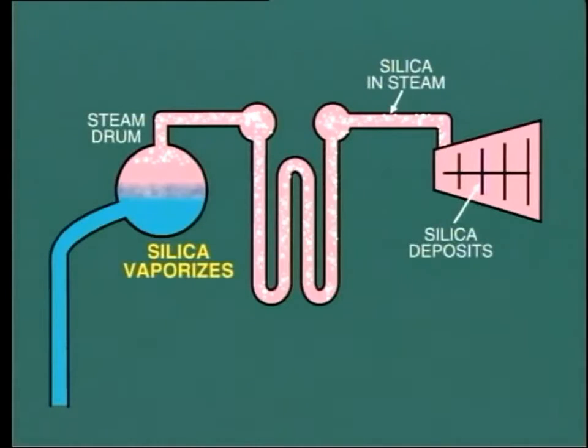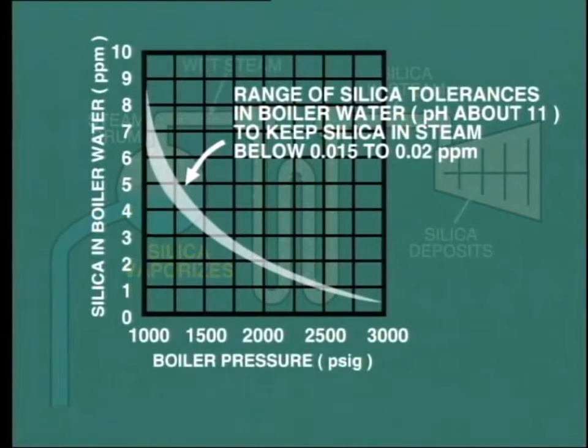In order to prevent these deposits, it is most important to keep the silica content of the boiler water below a predetermined limit, typically 5 ppm on a 1200 psi boiler. But how can we reduce the silica content if it is higher than this? Well, one way of reducing silica content is to increase the continuous blowdown from the boiler drum.